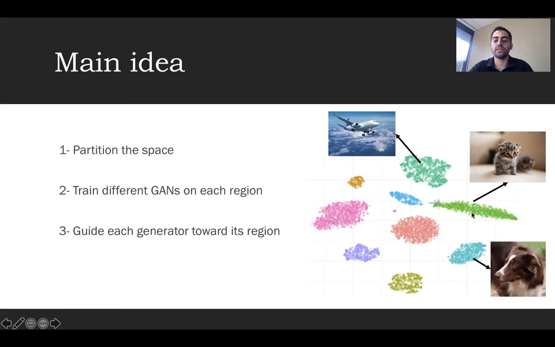For example, let's consider that this manifold is a manifold of images related to cats, this manifold is related to dogs, and this manifold is related to airplanes. So we want to have a different generative model for each part of the data to not miss any of these modes. And we don't want to generate something between these two modes, something between cat and airplane, because it's not realistic.